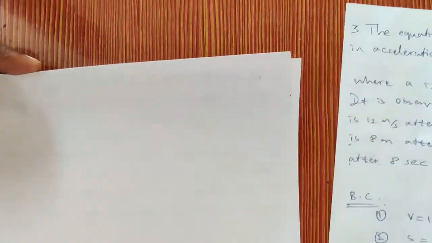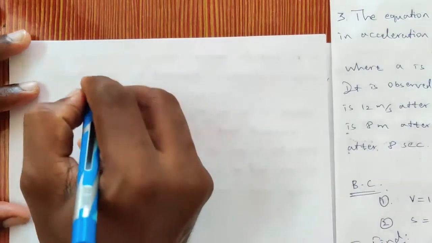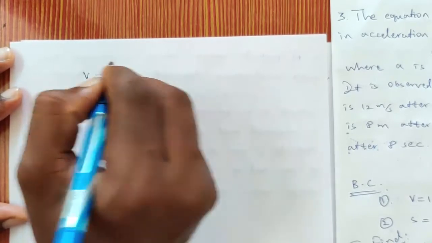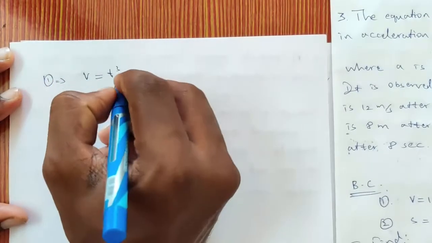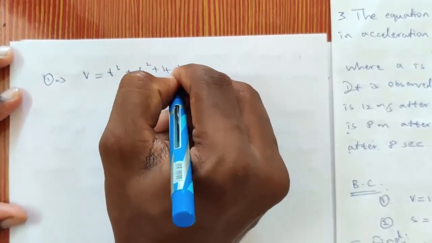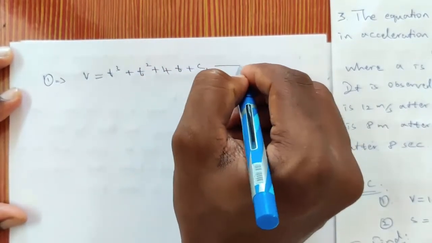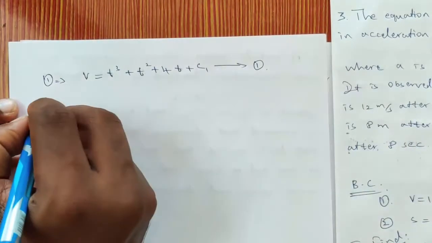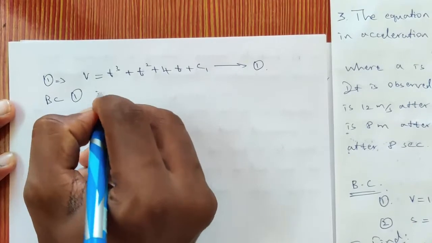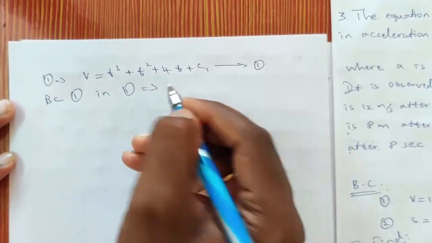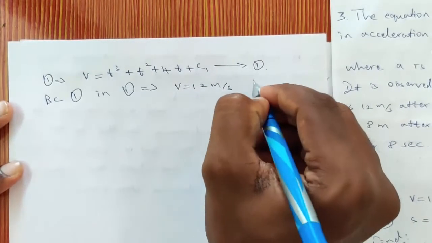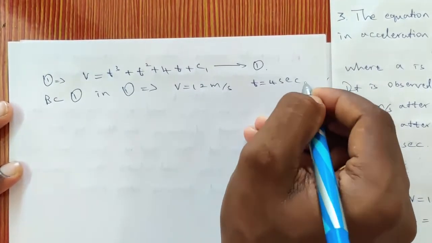So we have the velocity equation, v is equal to t cube plus t square plus 4t plus c1, this is the first equation. The first boundary condition is boundary condition 1 in equation 1. We will get v is equal to 12 meter per second at t is equal to 4 seconds.